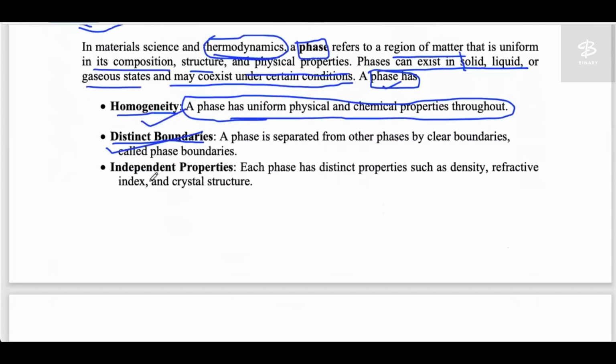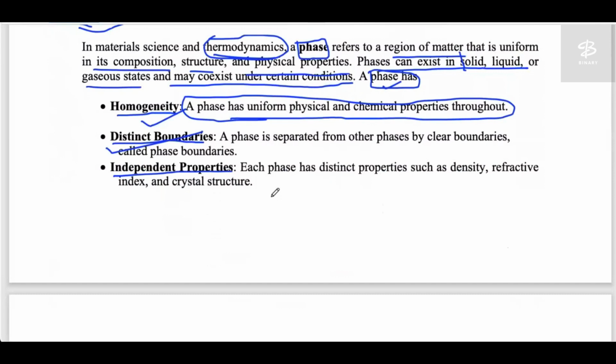Now the third one is independent properties. What do independent properties mean? If you have a solid, then the solid must have its own properties, which would be different from other phases. If we talk about liquid or gases, they both have different properties. Some properties may sometimes coincide, that is not a concern, but overall the properties should not be the same.